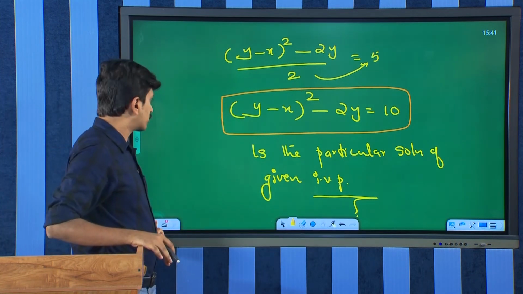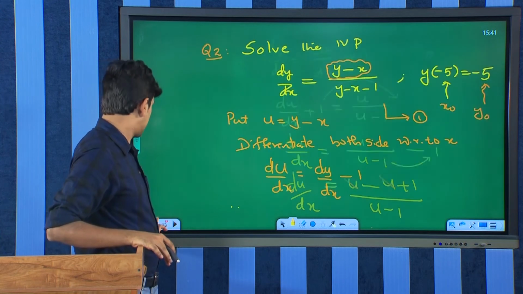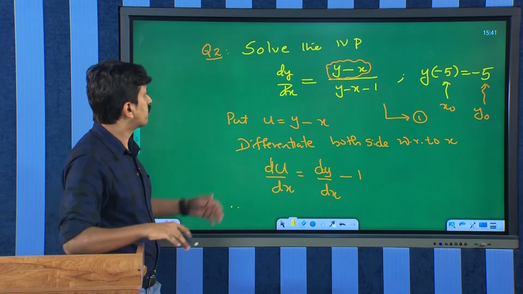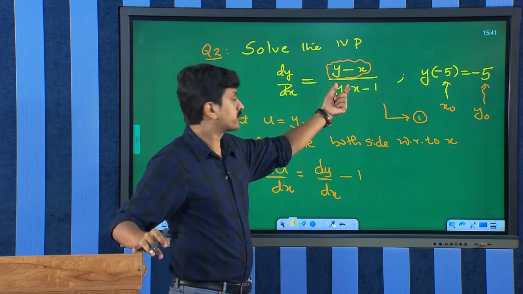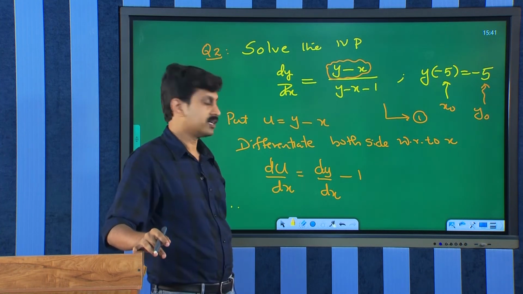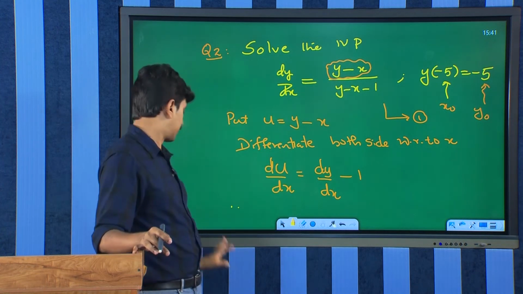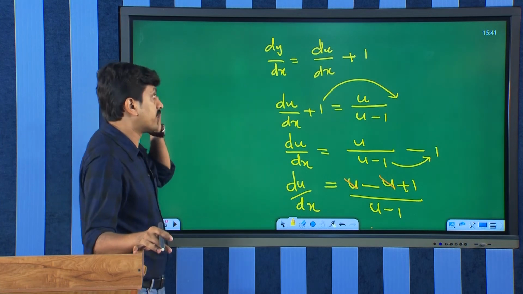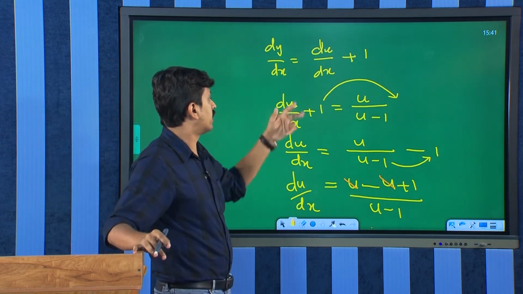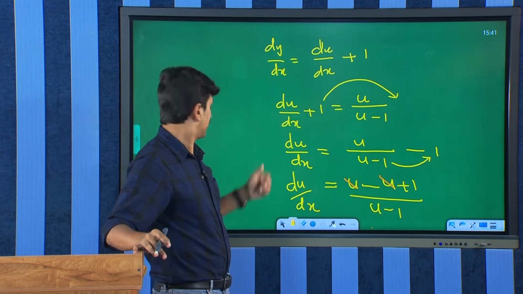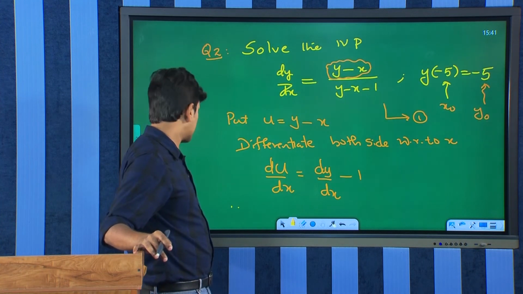See, here also, as we did before, while solving this we just substituted y minus x as u, differentiated the substituted part and replaced the values. We found the value for dy by dx and applied it in the given differential equation.